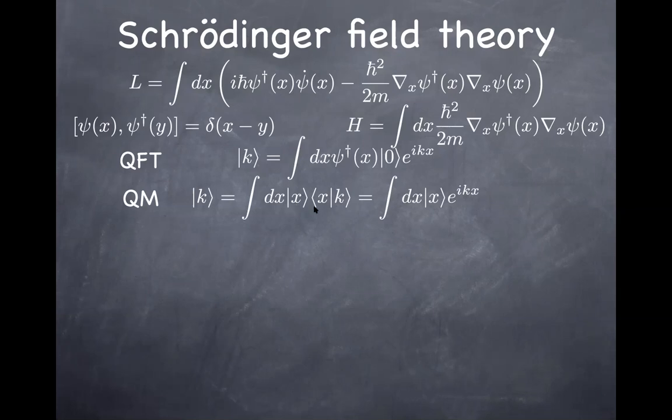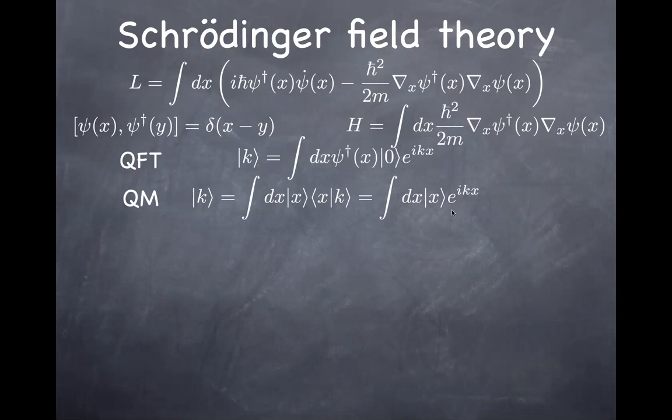And what that in turn means is that this x k inner product is about representing the momentum eigenstate in the position space. And this is the wave function of the momentum eigenstate. And that's why this is supposed to be just e to the ikx. People use different notations about this.